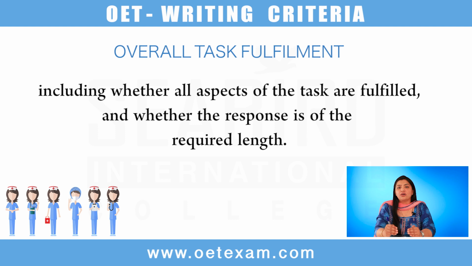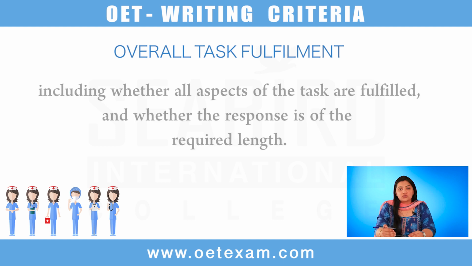That is not right, because they assess according to the 5 criteria, not according to only one criterion, the word length. That is not important, but you have to keep it in your mind, and you also have to fulfill the other criteria. That's why I'm reiterating that all aspects of the task must be fulfilled. So the first criterion is this one.